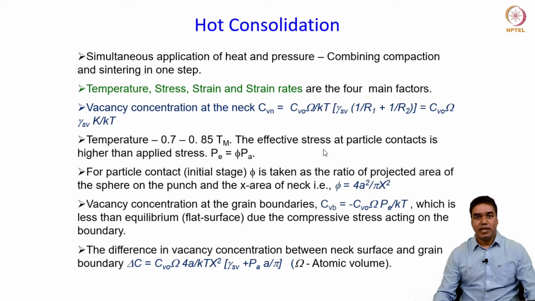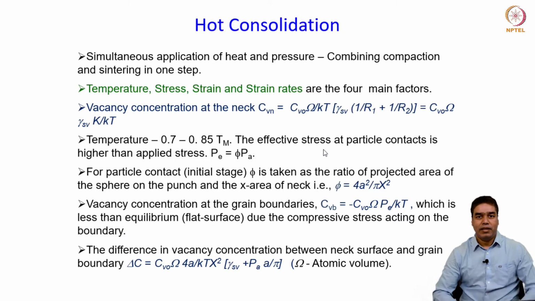Because here, as I said, pressure and heat are applied simultaneously, okay? And in the previous class, we were discussing the mechanisms of this hot consolidation, and what we have seen is that the mechanisms can be derived from the creep deformation mechanisms, because in this case also a similar kind of deformation takes place at high temperature when the compact is pressed at a particular temperature.